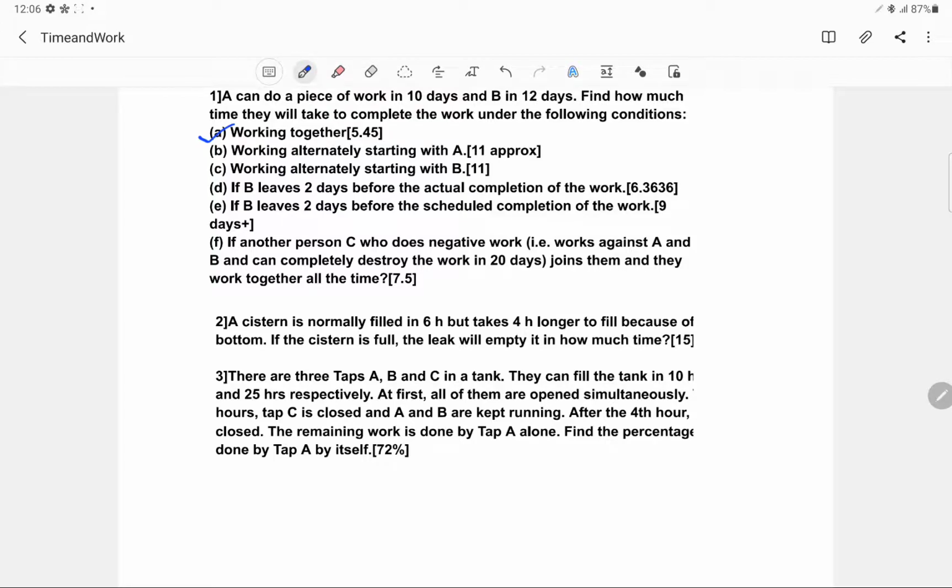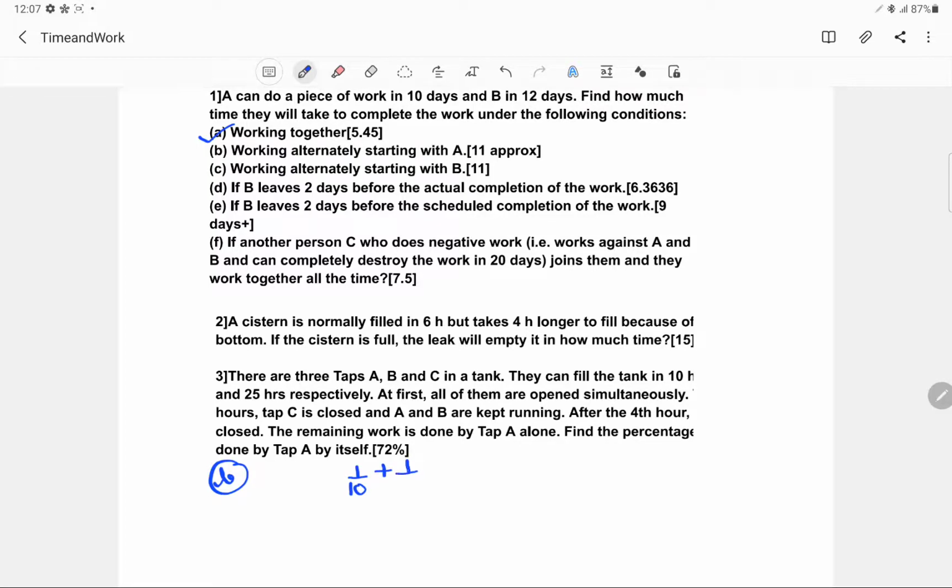B: working alternately, starting with A. It means that on the first day A is working, then followed by B, then A, then B, then A. So on the first day, 1 by 10 amount of work was completed.